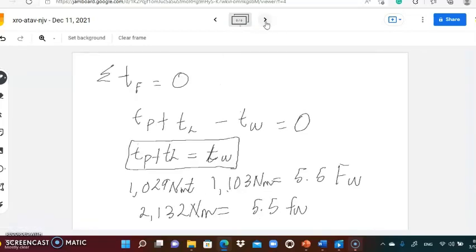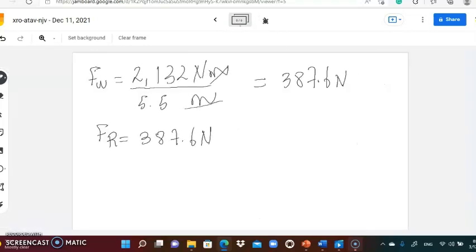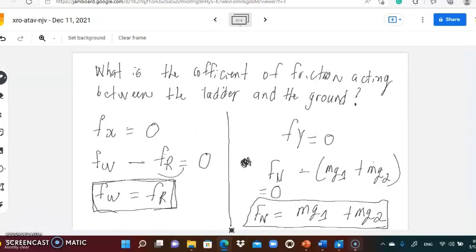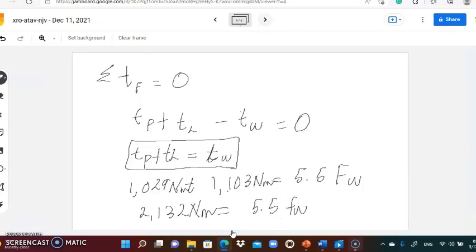Now, I know that the coefficient of friction, mu, is equal to the resistance force, Fr, over my normal force, Fn. Can I find my normal force? Yes, I can. The normal force is equal to the force being exerted from the person due to gravity, plus the force being exerted by the ladder due to gravity.